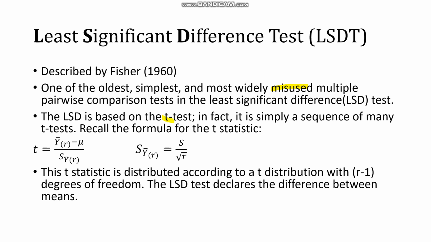So you need to remember how to read the t table, because it is based on the t test. In fact, it is simply a sequence of many t tests. Recall the formula for the t statistic. This is the way of calculating the t statistic, and this is the way of calculating the statistic of the least significant difference test.